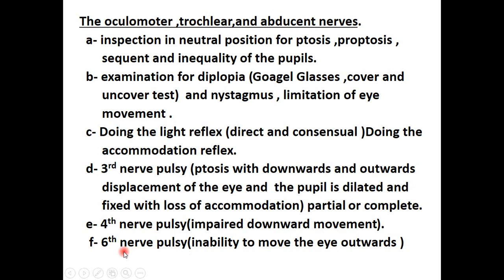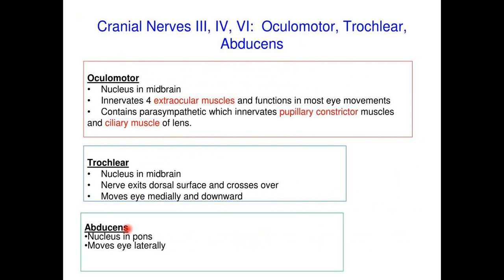The sixth cranial nerve supplies the lateral rectus, the fourth supplies the superior oblique, and the rest, five muscles, are supplied by the oculomotor nerve. The third and fourth nerves originate from the midbrain, and the abducent originates from the pons.